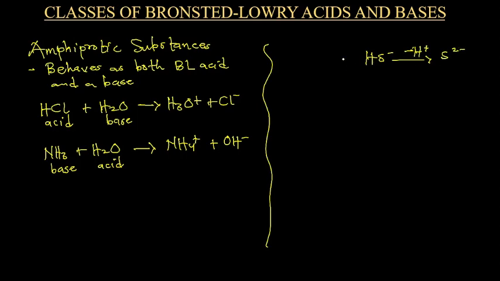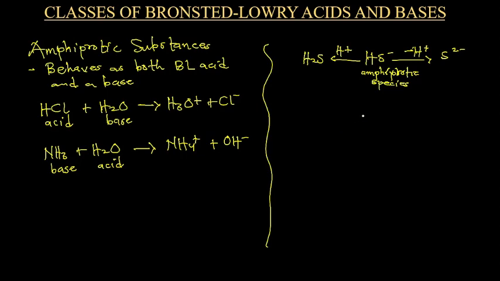Now, what happens if it rather gains a proton, H plus? We are going to form the hydrogen sulfide back. So as a result of that, we'll say that HS minus is an amphiprotic substance. Amphiprotic species. Okay. Now let's look at another example.